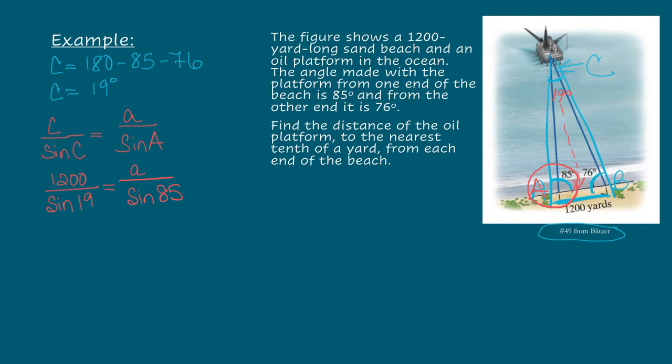And we're going to have A sine 19 equals 1,200 sine 85. I want to isolate that A, so I'm going to divide by the sine of 19 on both sides.